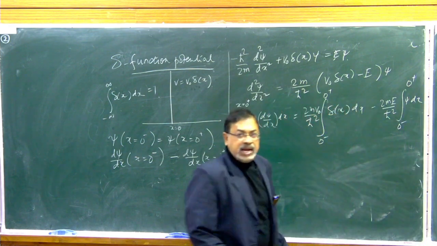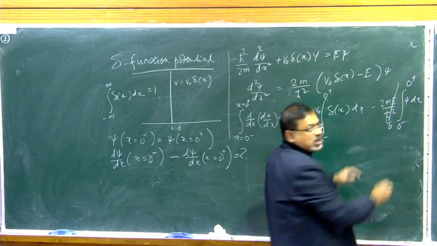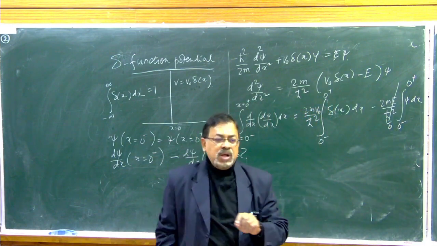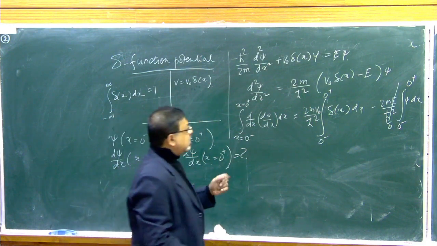Now you see the last term is equal to 0 because psi is continuous. Psi at x equal to 0 minus is equal to psi at x equal to 0 plus. So this is equal to 0.